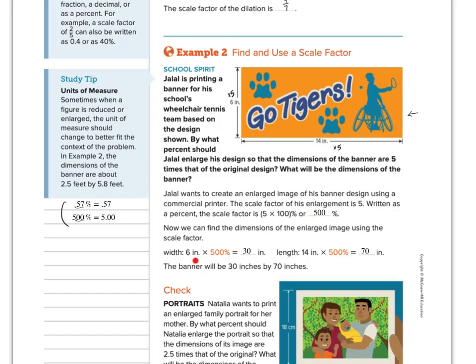So there you go. 6 times 500% would be 30 inches. 14 times 500%, or times 5, would be 70 inches. So my new dimension would be 30 by 70. And everything would have expanded by that same growth factor, scale factor.